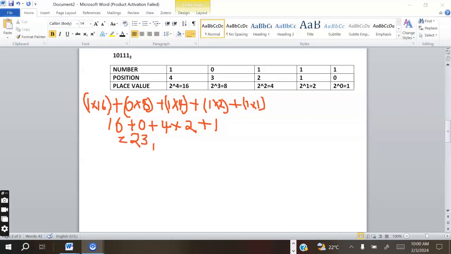Then we write base 10 since this is a decimal number. Therefore, 10111 base 2 is supposed to give us 23, or rather it is 23 base 10. So that's the working of 10111.